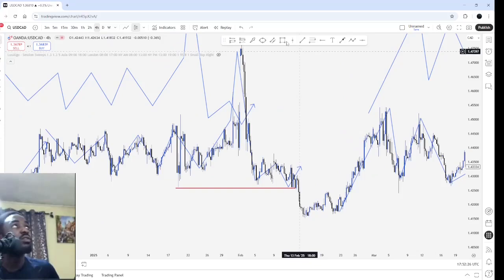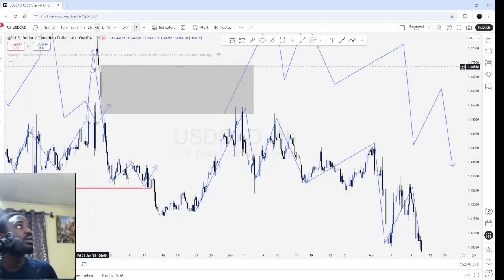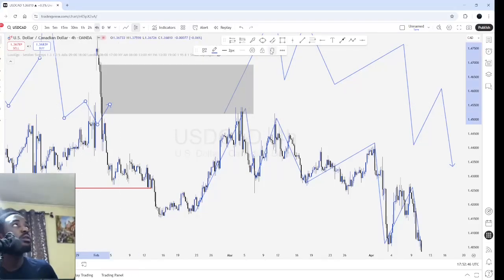If you come back to here too, you can see the same thing over here. The last candle before, obviously there was some gap here, and we move here. Let me remove it.